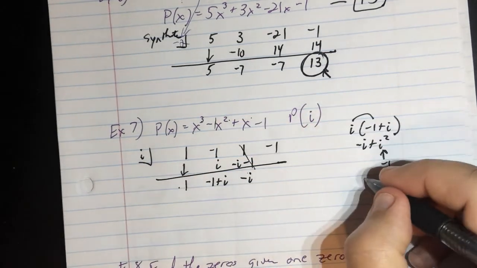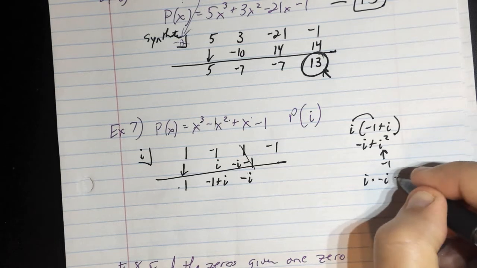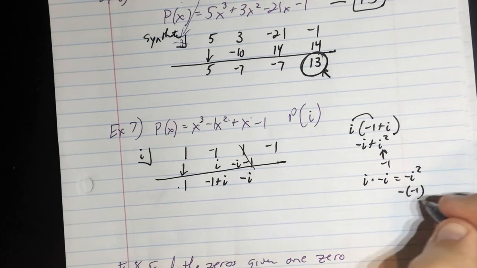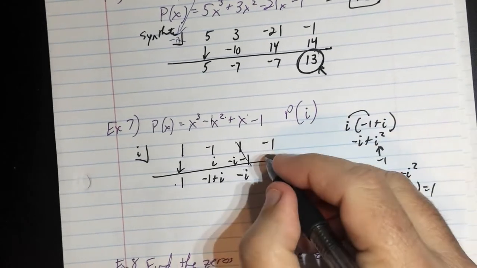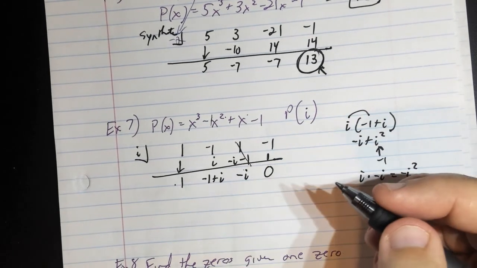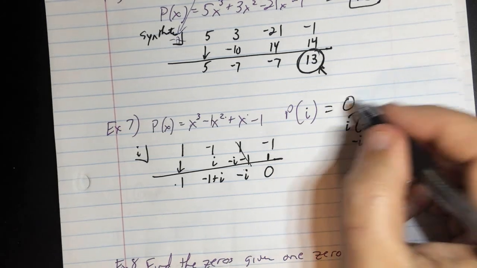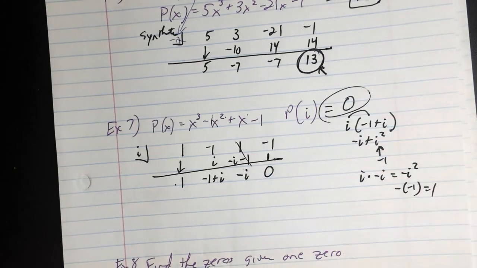Then we go i times negative i, which would be negative i squared, which would be negative negative 1, which is 1. So that's going to be a 1, add up and you get a 0. So this answer is 0. It's kind of a nifty little tool.